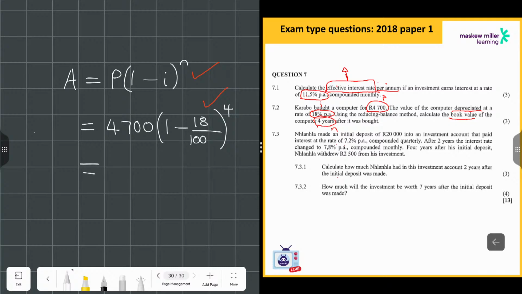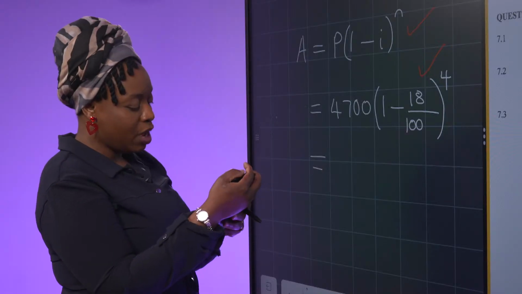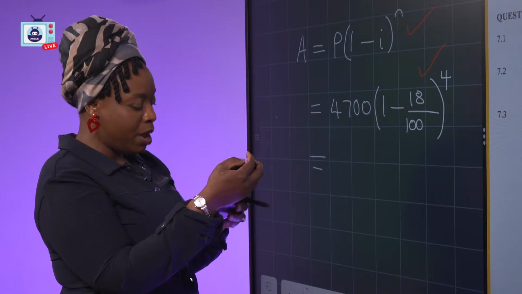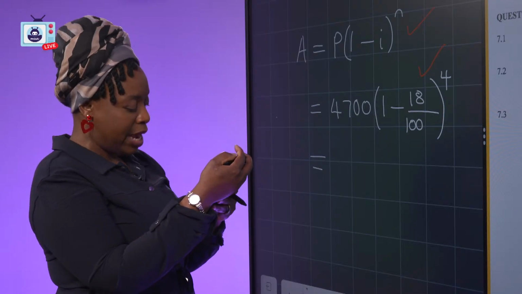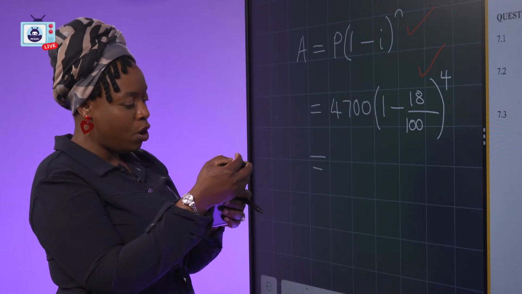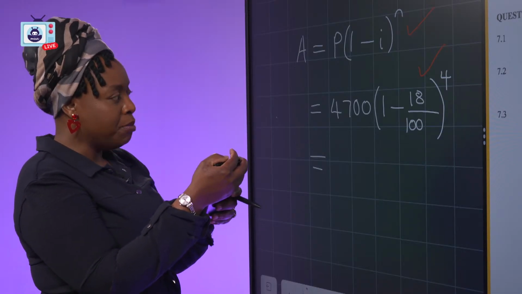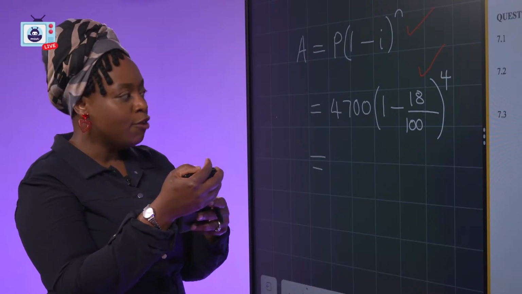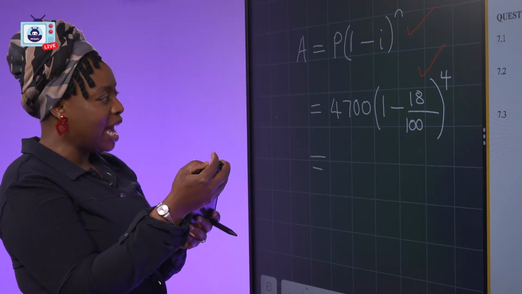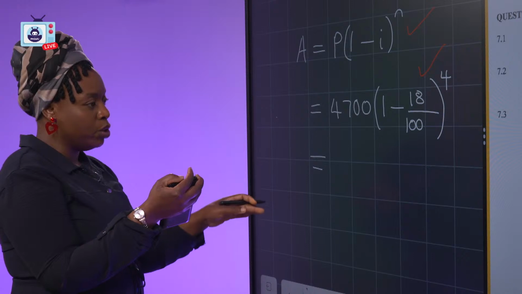You just take your calculator and ensure that what you are doing on the calculator is actually what is shown there. So it's 4,700 multiplied by 1 minus, and then I just put my button for a fraction, 18 divided by 100. Remember, you can use percent from your calculator if your calculator allows, but if not, this is how you're going to do it.